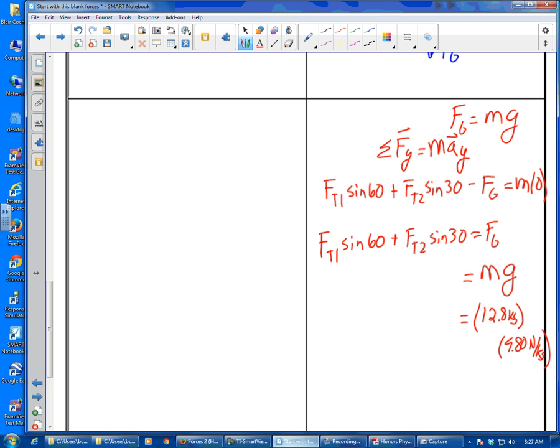But I really can't combine those yet, right? Because I don't know T1 or T2.